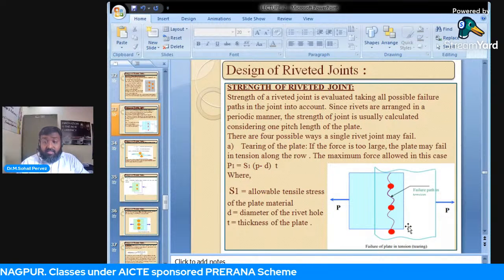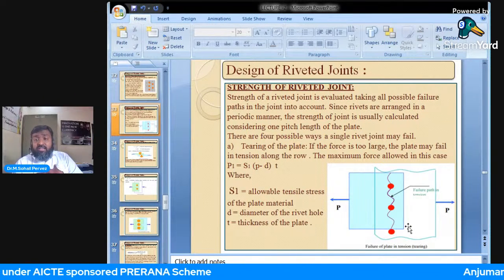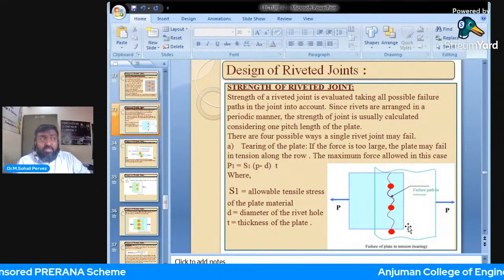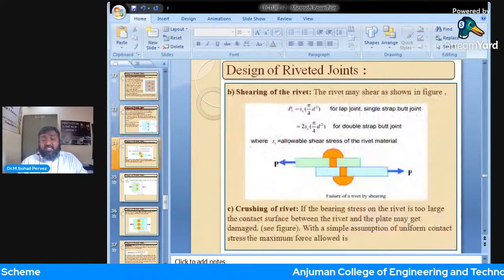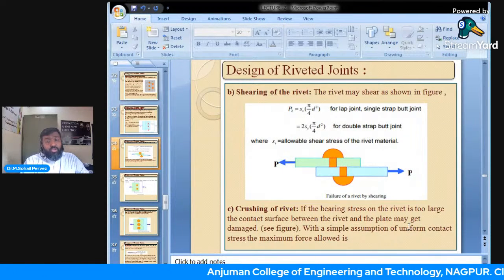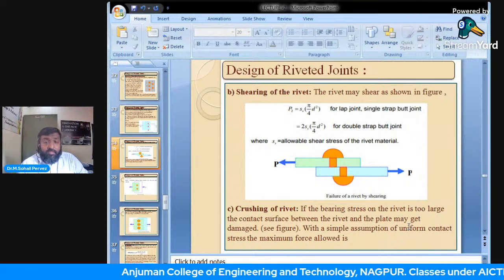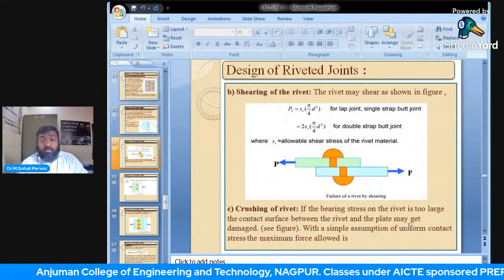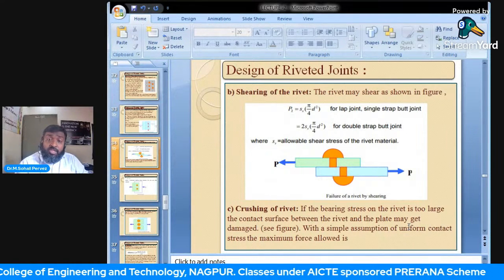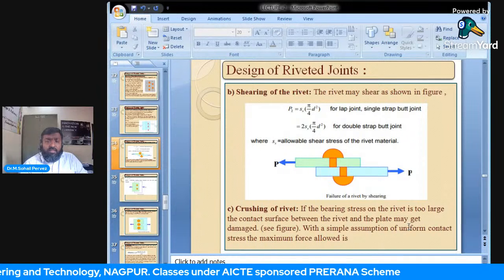The next one, see how the designer considers different types of failure so that we can save the joint. Shearing of the rivets itself may be possible. The rivet may get sheared off. Yes, possible.